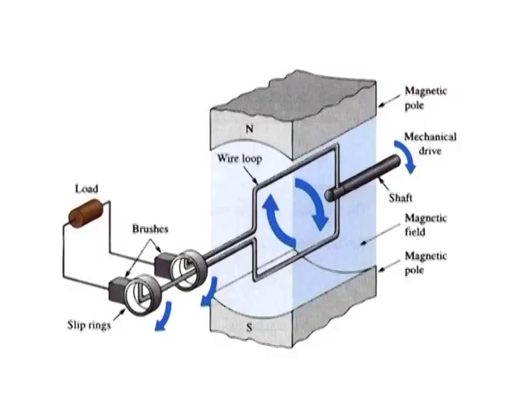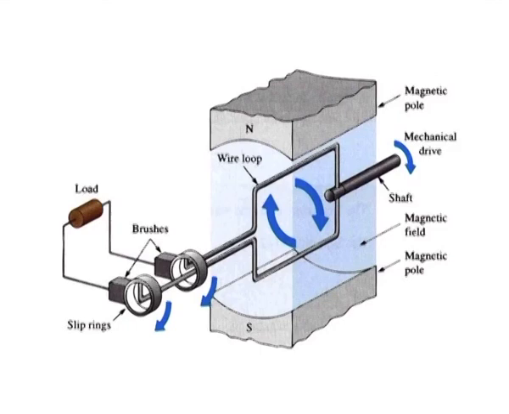Figure shows a greatly simplified AC generator consisting of a single loop of wire in a permanent magnetic field. Notice that each end of the wire loop is connected to a separate solid conductive ring called a slip ring.